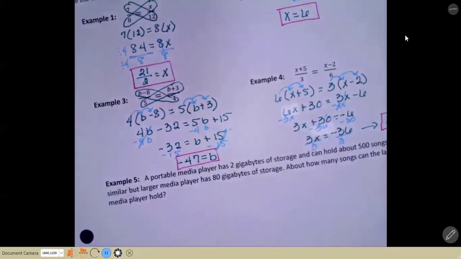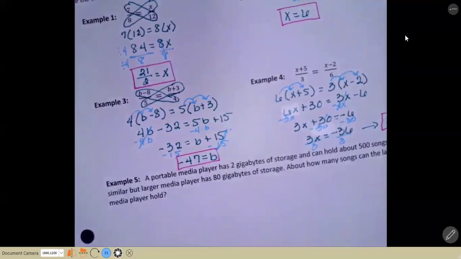A portable media player has 2 gigabytes of storage and can hold about 500 songs. A similar but larger media player has 80 gigabytes of storage. About how many songs can a larger media player hold? And we are assuming that they are proportional.